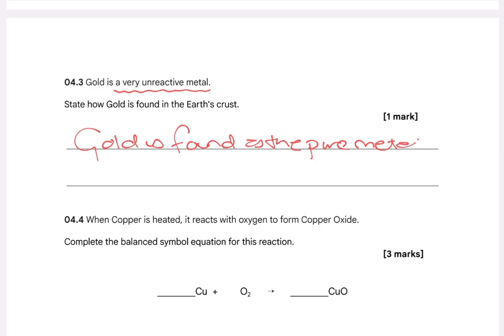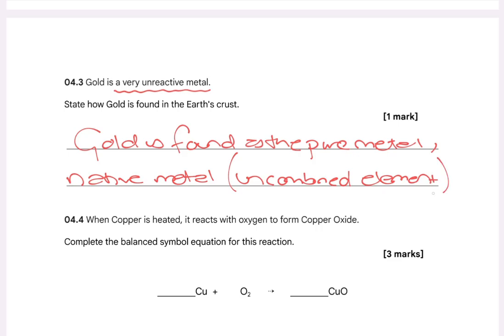If we find pieces of gold, it is simply gold atoms that we see. It's not combined with any oxygens, it's not an ore or anything like that. It's just found as its natural gold atoms as a pure metal. It's also known as a native metal, or simply as an uncombined element. It's not been bonded to anything.